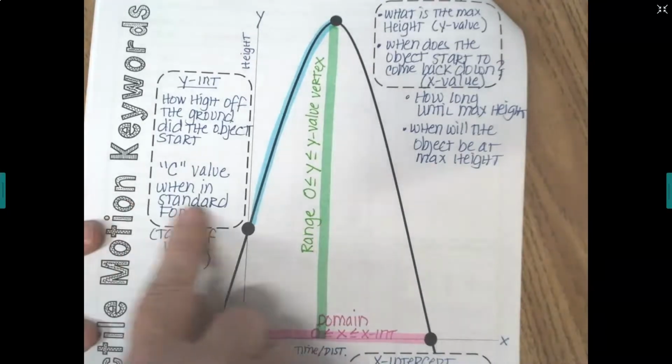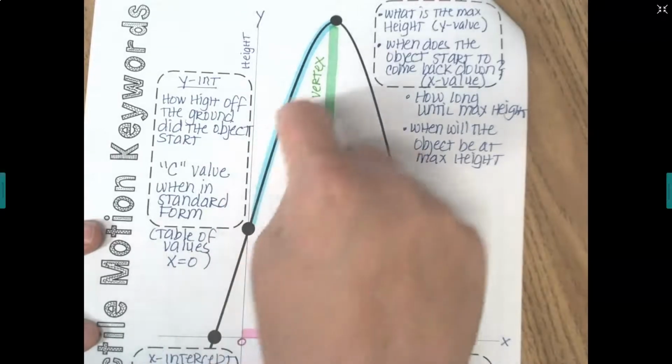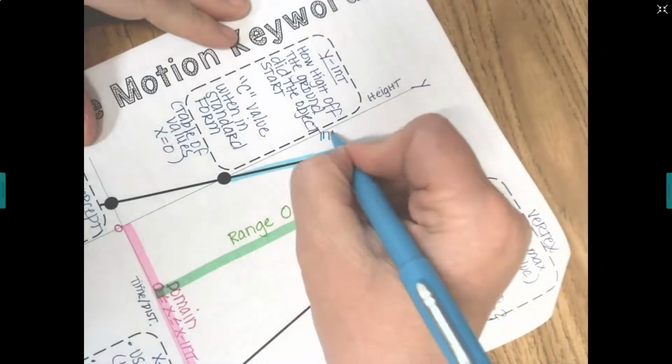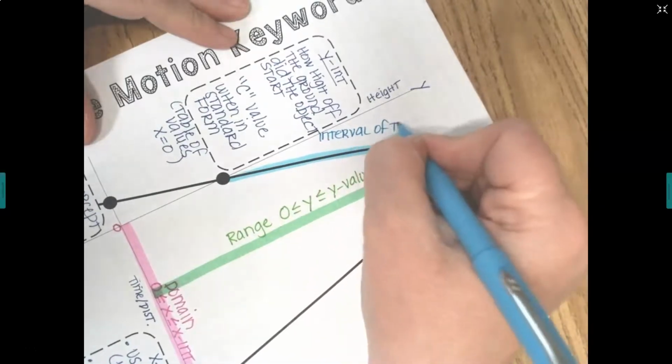Notice, if you're traveling from left to right, which is how we read our graphs, you're going up the graph. That makes this an interval of increase.